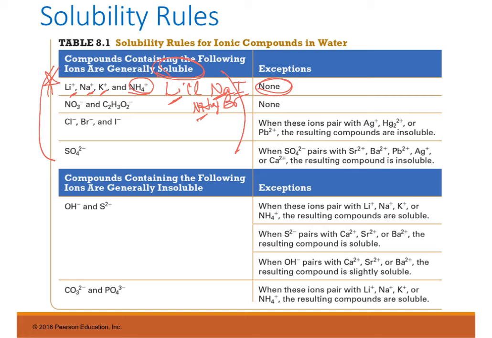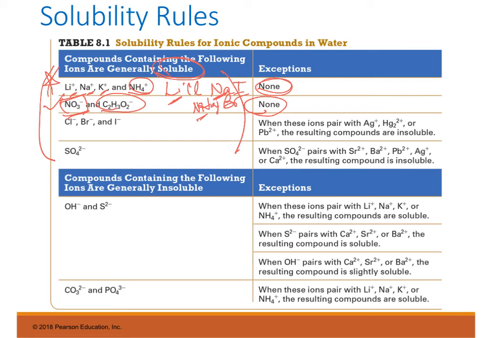All right, so then there are some anions that pretty much always render an ionic compound soluble. If you are rusty on your polyatomic ion names and charges, you'll want to review those. So nitrates, NO3 minus, and acetates make an ionic compound soluble. Always, 100% of the time, no exceptions.